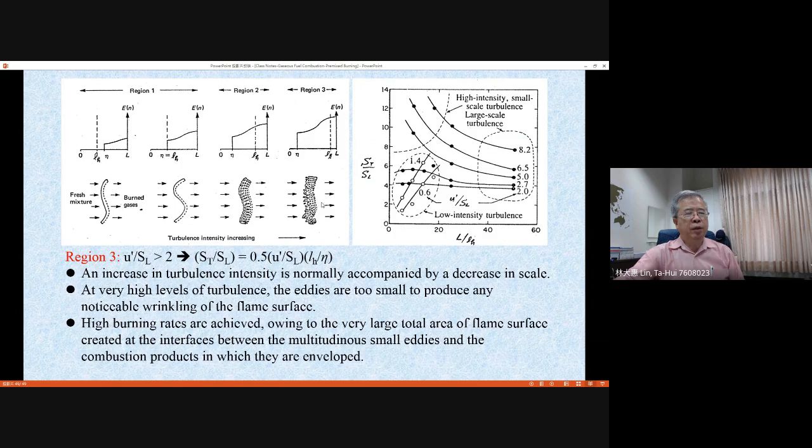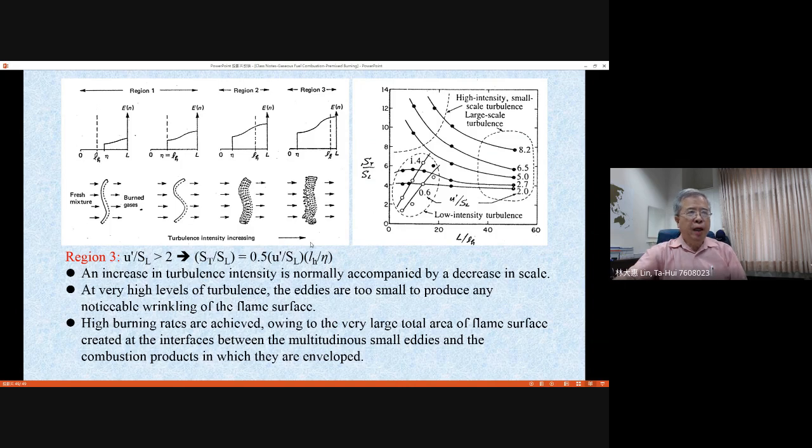They only have a small change, without large wrinkling occurring on the flame surface. They tell you that at very high levels of turbulence, the eddies are too small to produce any noticeable wrinkling of the flame surface. In reality, those small eddies penetrate into your reaction zones.